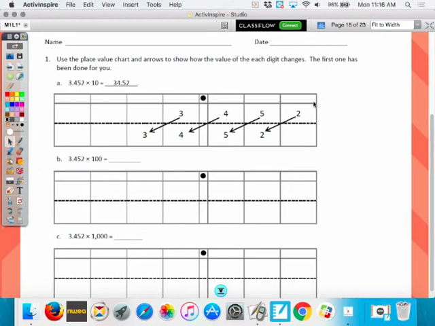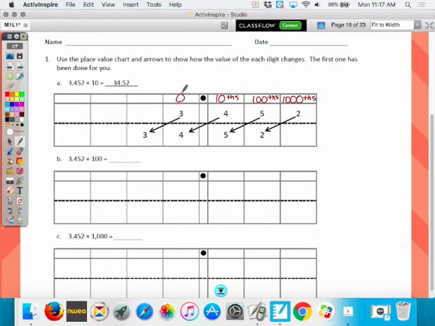Okay, so let's get the words now. The easiest thing for me to do is to start here because I know that's going to be thousands. So go ahead and fill it in. And I'm going to show you the quick, easy way to do it. Can you watch me for just a minute, please? Look up here.